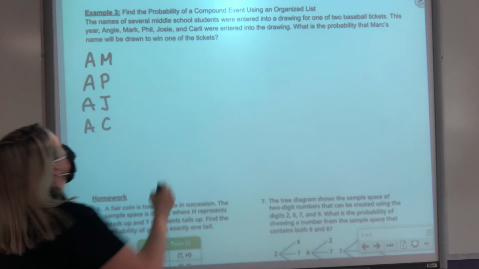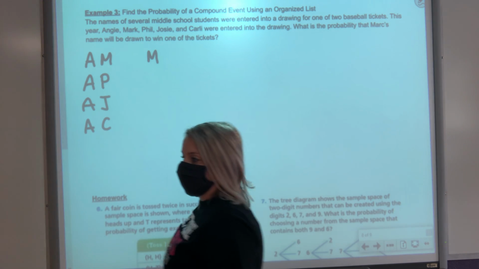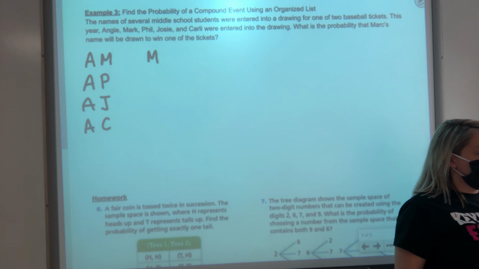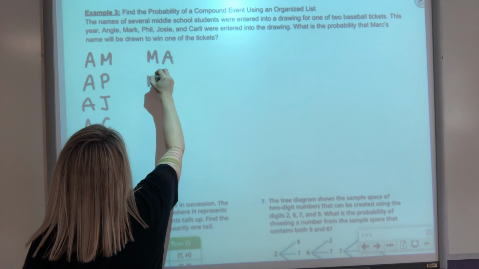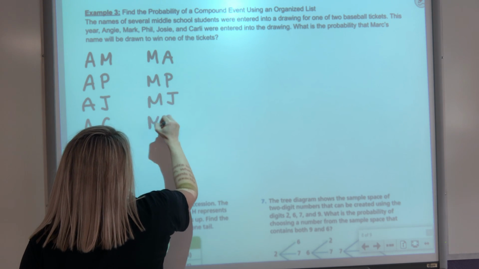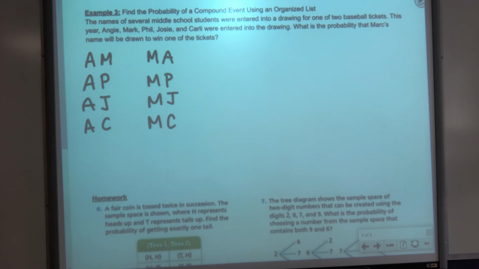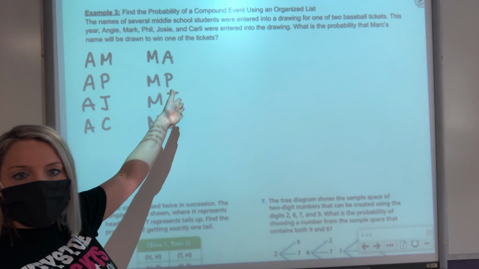What if Mark is chosen first? Who else can go with Mark? Angie, Phil, Josie, and Carly. So Mark and Angie can be chosen. Mark and Phil can be chosen. Mark and Josie can be chosen. Mark and Carly can be chosen. So now, who gets chosen? Phil.